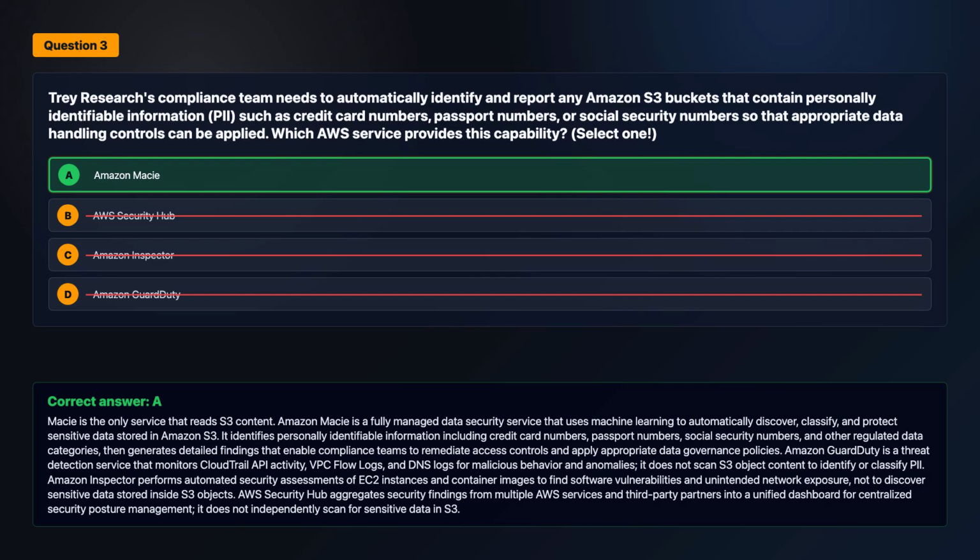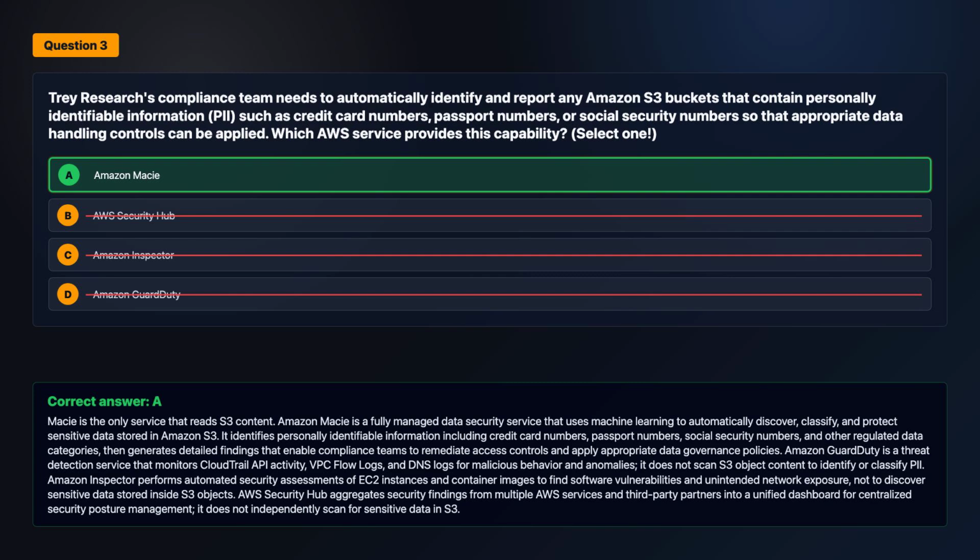Amazon GuardDuty is a threat detection service that monitors CloudTrail API activity, VPC flow logs, and DNS logs for malicious behavior and anomalies. It does not scan S3 object content to identify or classify PII.